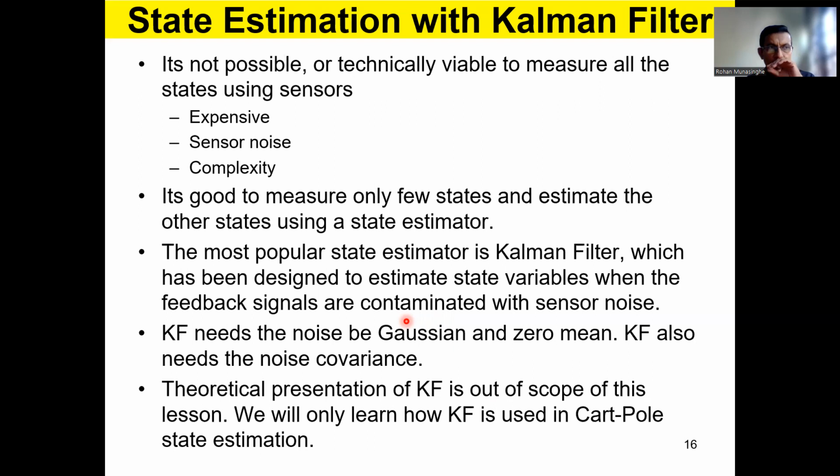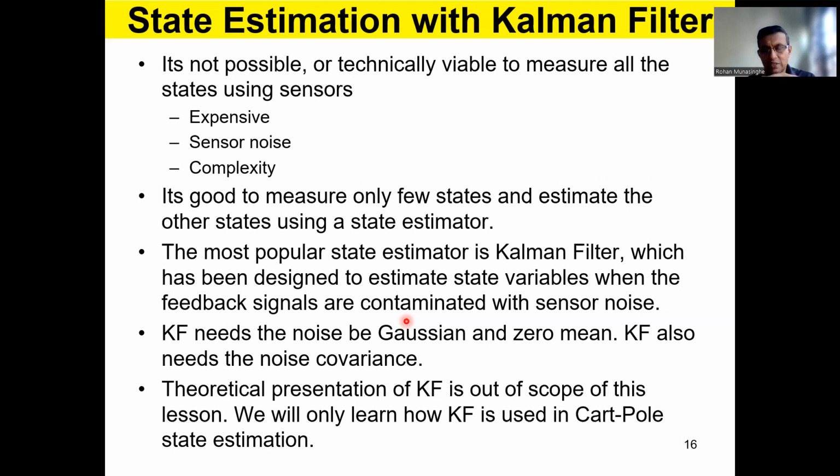Now you can do this noise elimination using signal processing. Kalman filter is a digital filter basically. It's not a hardware filter. It doesn't have any caps and transistors or resistors. It's a digital filter.